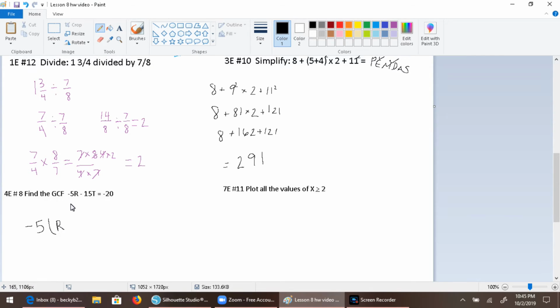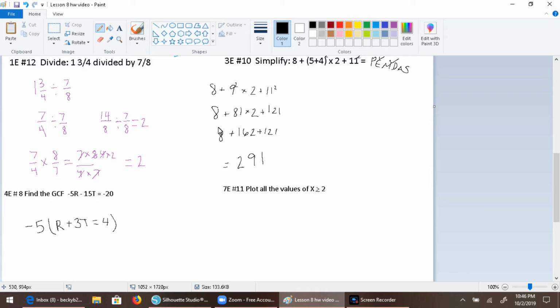Remember, if I say taking out a negative 5, it's the same thing as saying if I divide by negative 5, what's left? So here, negative 15t, if I divide by negative 5, I have a positive 3 left and a t. Negative 20, if I divide by negative 5, I'm going to get a positive 4. So that's how we factor out our greatest common factor.